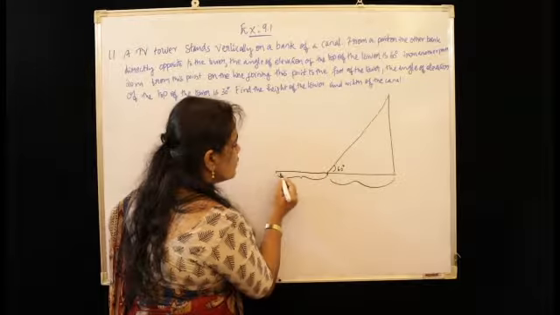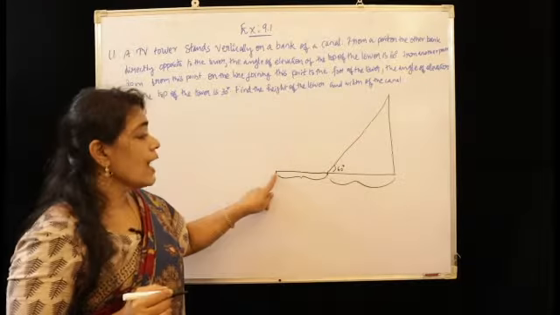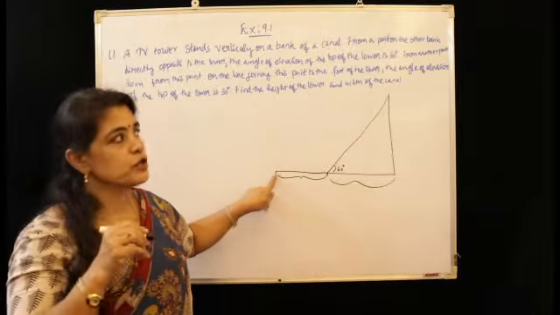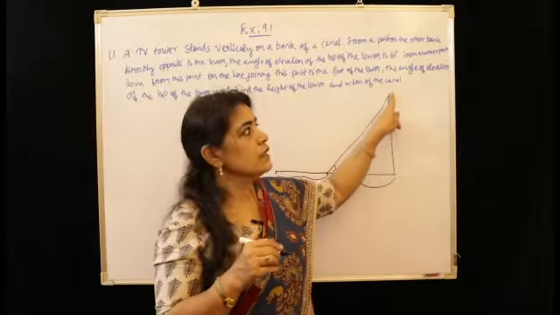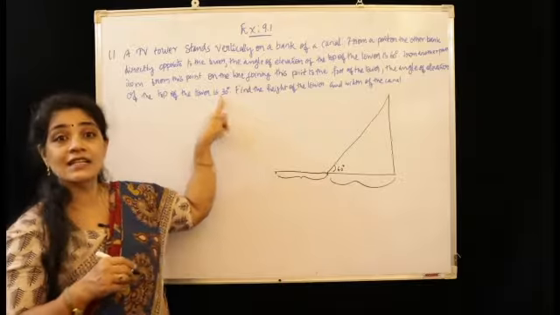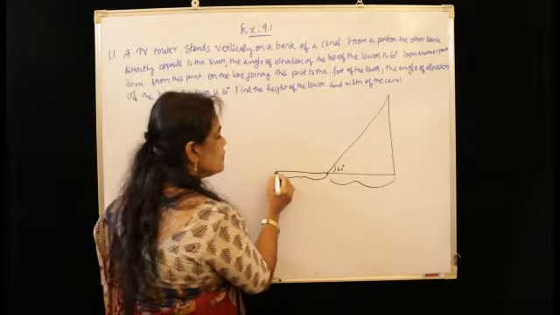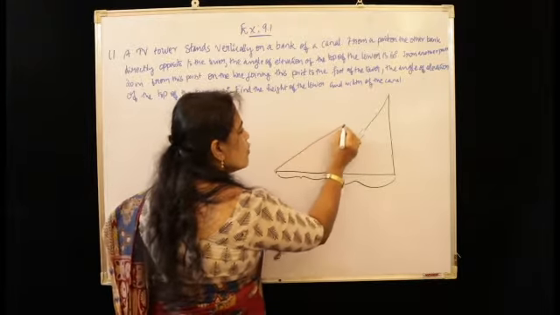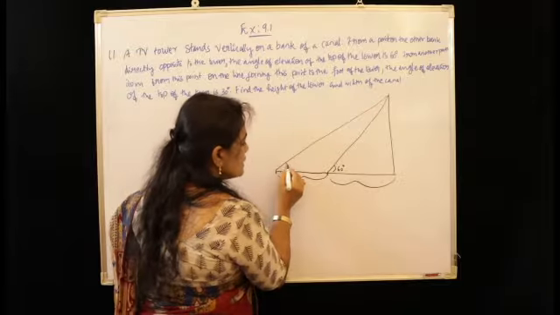Okay, this is that point, and the angle of elevation from this point to the top of the tower, that is given. See children, the angle of elevation of the top of the tower is 30 degree. Okay, so from this point to the top of the tower is 30 degree.